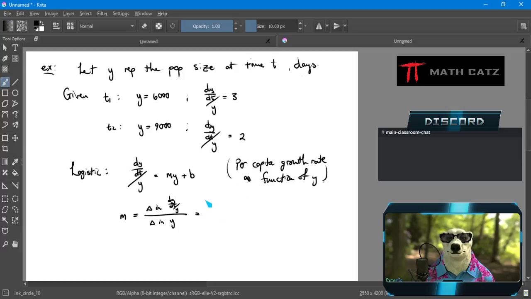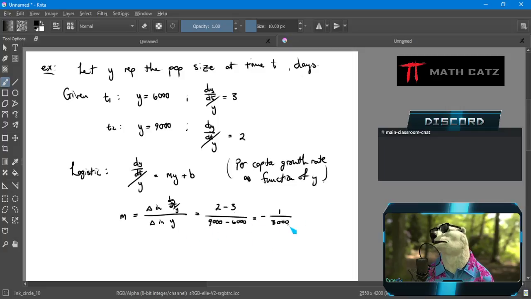So it's just the difference. Let's pick the first and the second point as I labeled them. The change in the per capita growth rate is 2 minus 3 over the change in y, which is 9,000 minus 6,000, and I get negative 1 over 3,000.